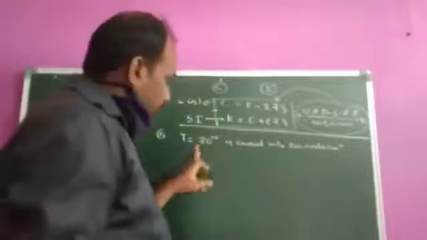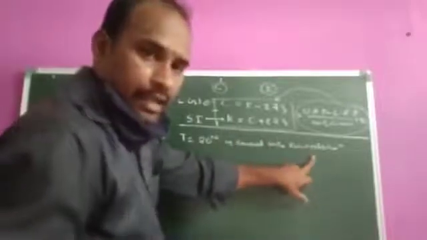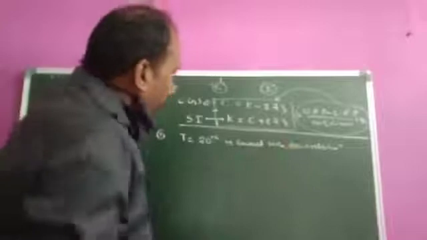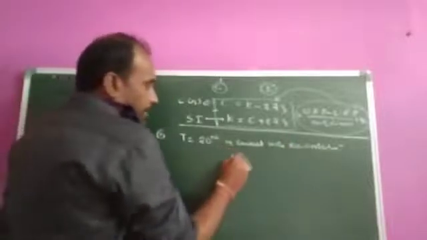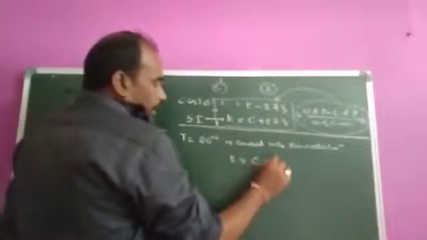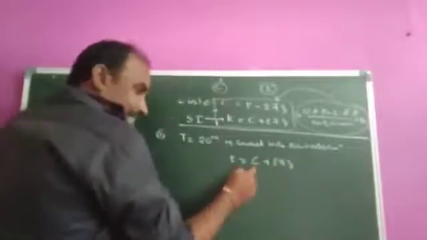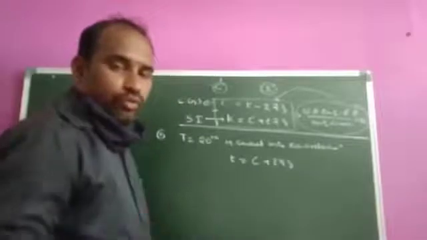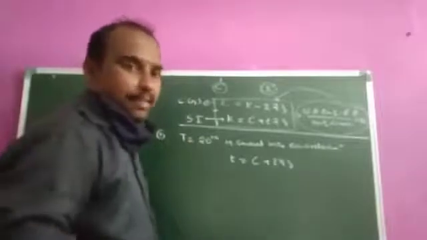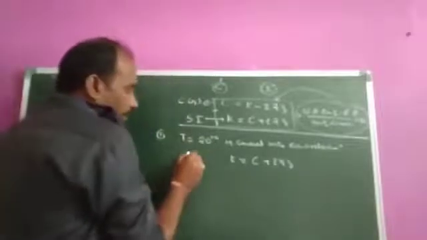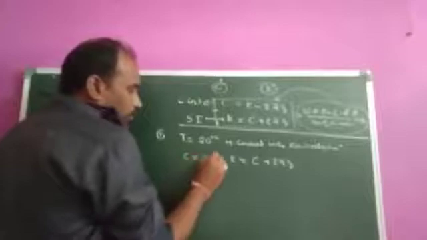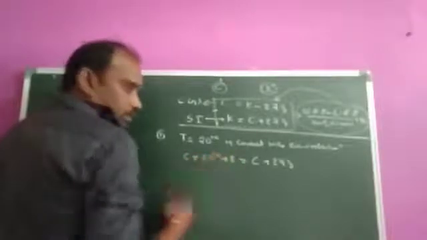They gave me Celsius, I want K. So what is the formula? K is equal to C plus 273. But what does C mean? The value of the temperature in the Celsius scale. So what is given? C is equal to 20 degrees Celsius.